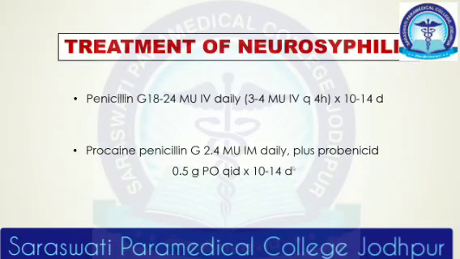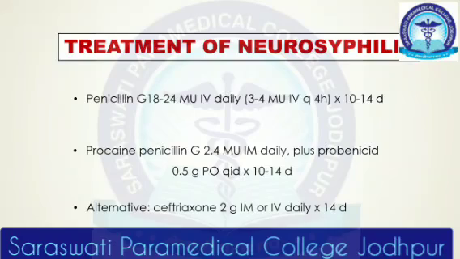Probenecid blocks the renal excretion of penicillin and keeps the levels of penicillin high enough. But getting injections once a day for 10 to 14 days is very problematic and so painful for patients. Alternatively, we can also use ceftriaxone 2 grams intramuscularly or intravenously daily for 14 days.